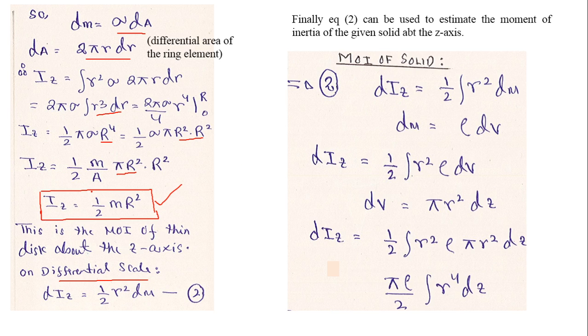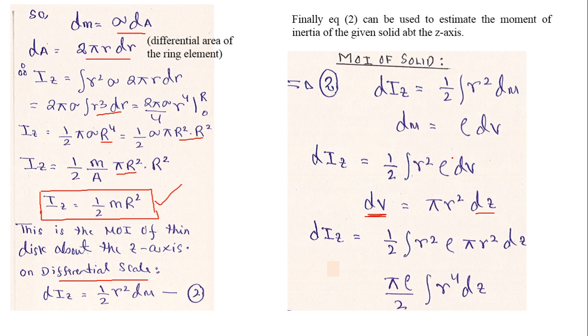Okay, so the moment of inertia of the solid can be approximated by integrating this equation number 2, that is Iz equals half integral r square dm. Here dm is rho times dV, so mass is equal to density times the volume, and this will become half integral r square rho dV, and here dV is the volume of my differential disk, which is equal to its cross sectional area pi r square times its thickness dz.